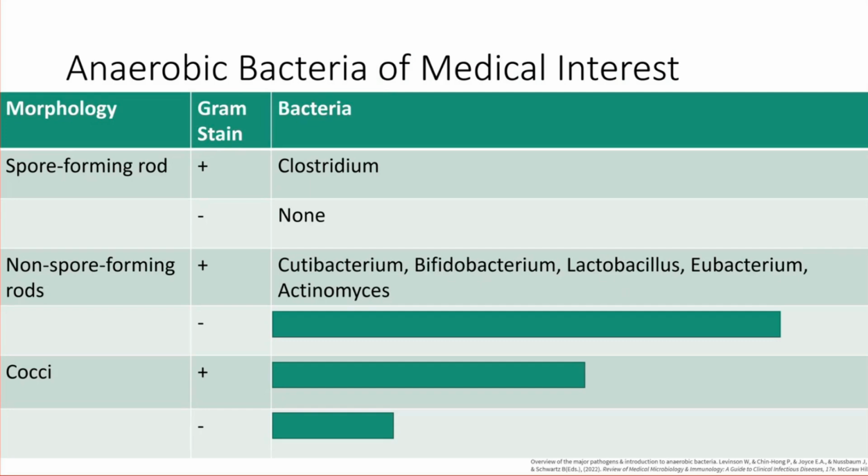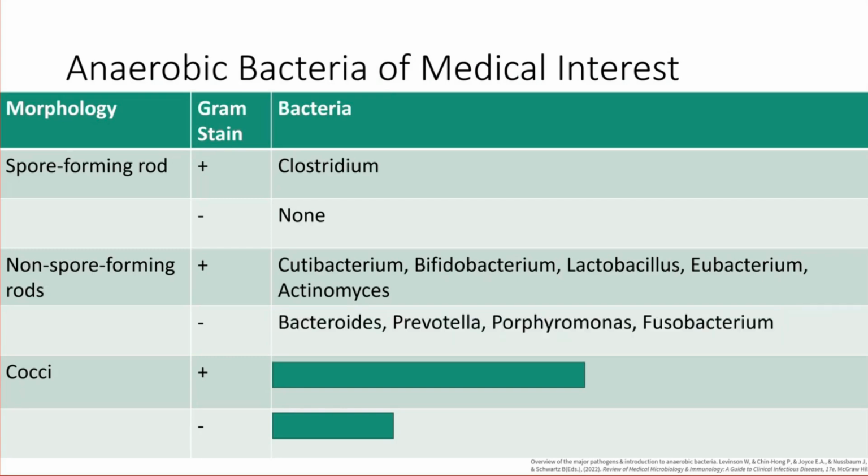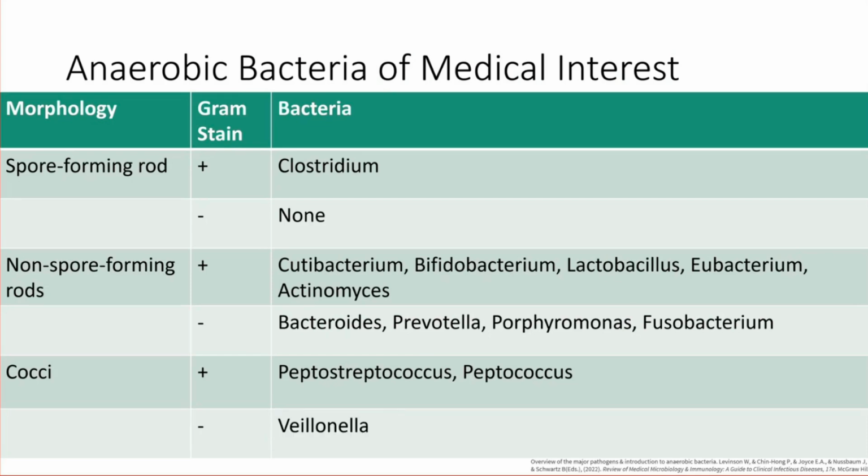What is your gram-negative rod? Bacteroides. And what else? Mouth. Fusobacterium, thank you. Gram-positive cocci: Peptostreptococcus, Peptococcus. And a gram-negative anaerobic coccus, also part of your flora in your mouth: Veillonella, thank you.